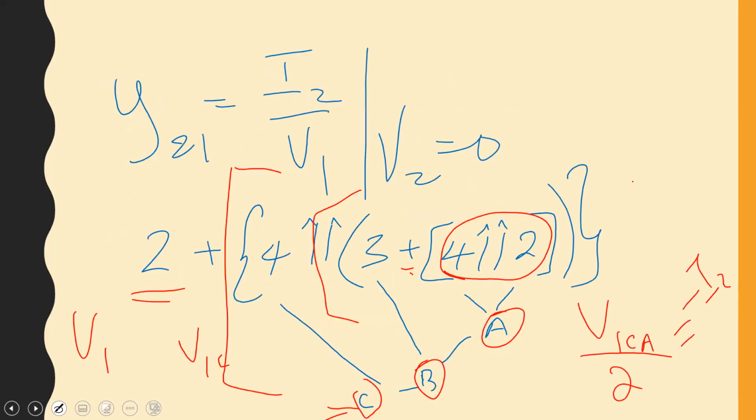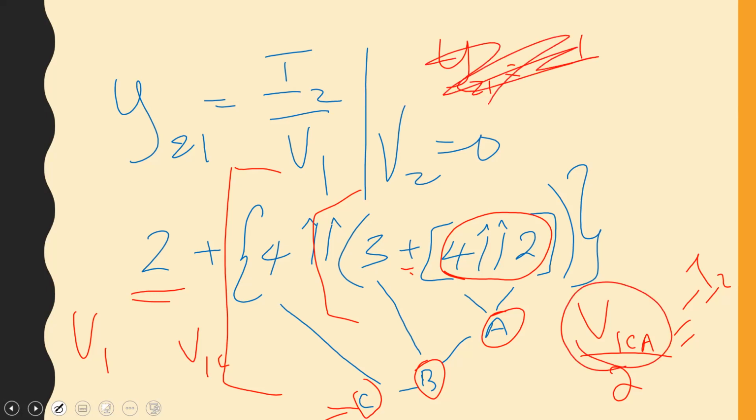Once you have that, then of course, I2, so it means that Y21 would be equal to 1. Well, this component, I can't put it simpler than this.